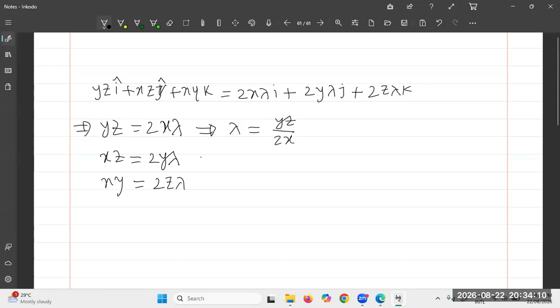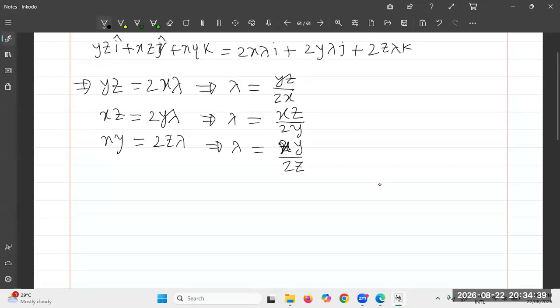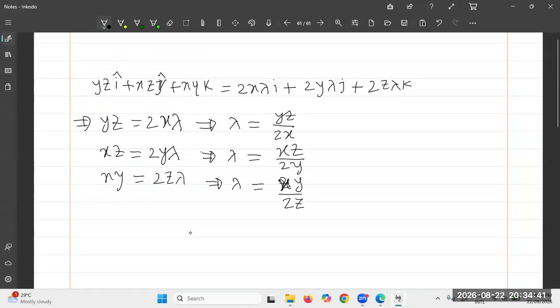yz divided by twice x. From the second equation, lambda is equal to xz divided by twice y. And from the third equation, lambda is equal to xy divided by twice z. So since all three quantities are lambda, we can equate these three values: lambda is equal to lambda is equal to lambda.